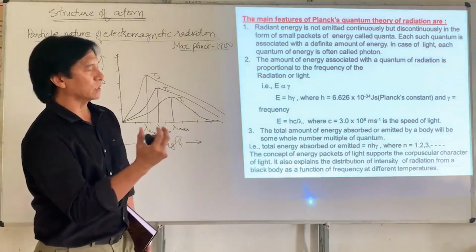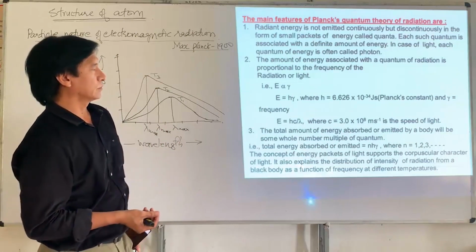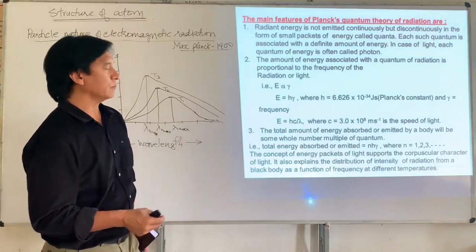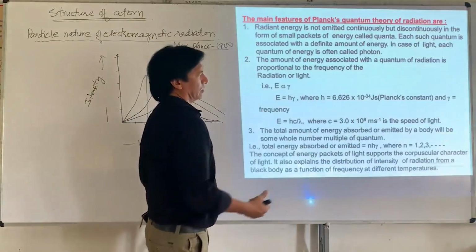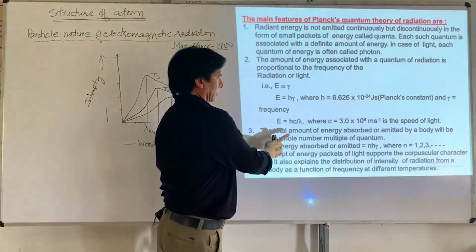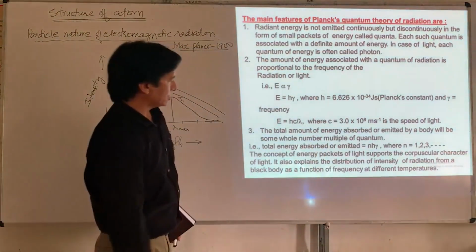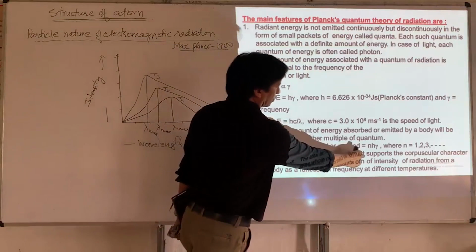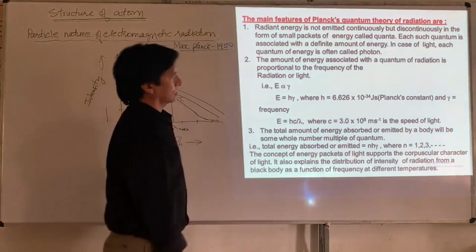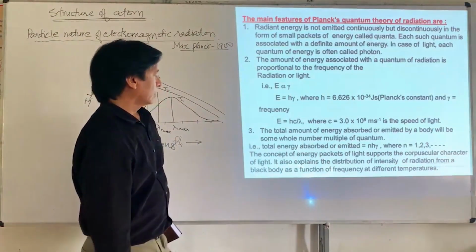Quantum is nothing but the smallest amount of energy that is either absorbed or emitted in the form of electromagnetic radiation. So the total amount of energy either absorbed or emitted by a body will always be some whole number multiple of quantum. So it's represented as the total energy absorbed or emitted is equal to n times h nu, where n is 1, 2, 3, and so on.